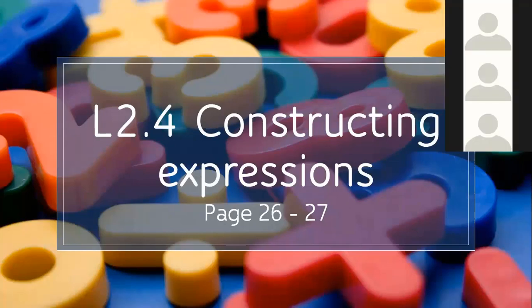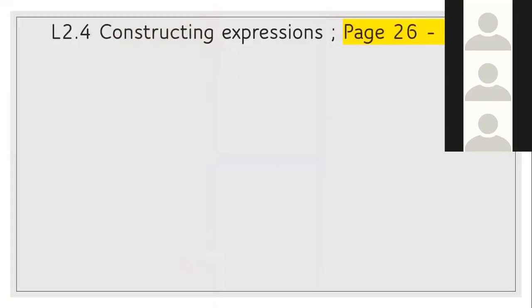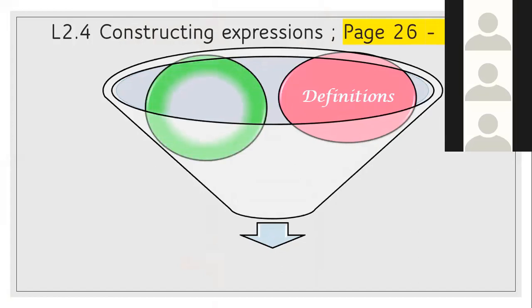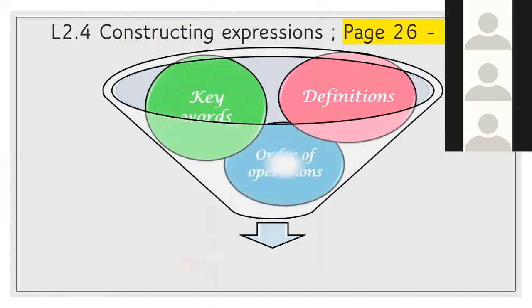Now, this is our objective. How we're going to talk about this lesson, I'm going to split it into two parts. The first one will be dealing with the definitions that I need you to understand what an algebraic expression is, then some of the keywords, but the order of operations I will leave to the next lesson.